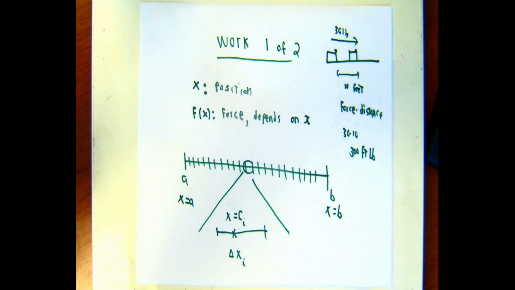I'm going to make these subdivisions so small that the force doesn't have much opportunity to change its value from what it is at c sub i to some other value. So within this chunk, I'm going to approximately say the force is always equal to F evaluated at c sub i.